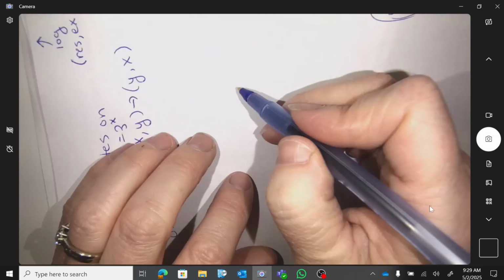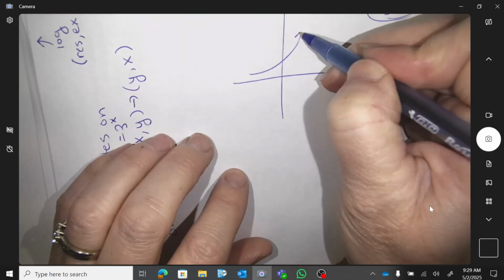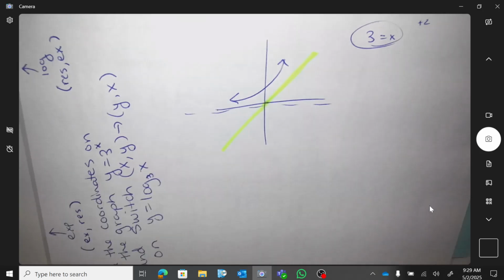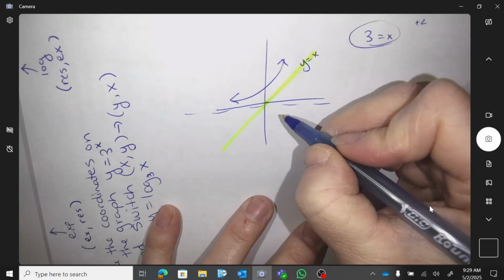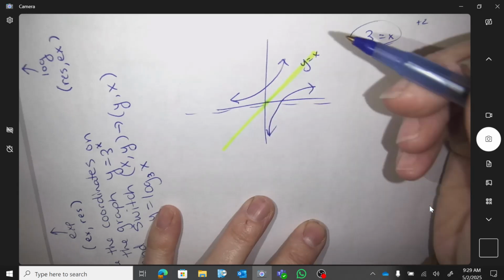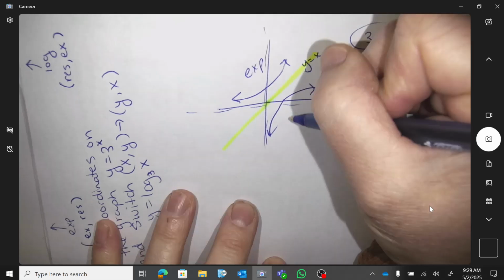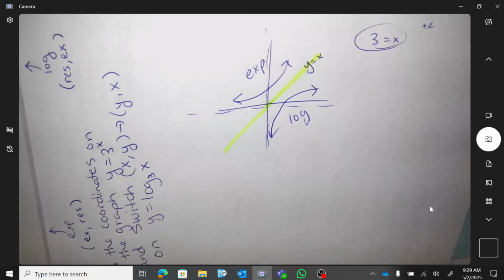So if I do this, which is an exponential, here's your reflection of y equals x. And now this is a log. Do you see the reflection that happened? This is an exponential and this is a log. That's what they're doing, reflecting diagonally.